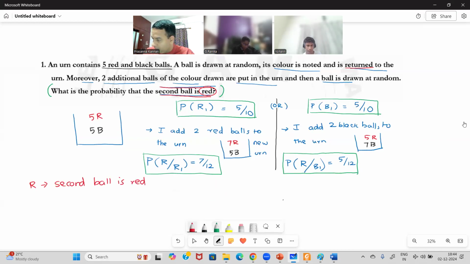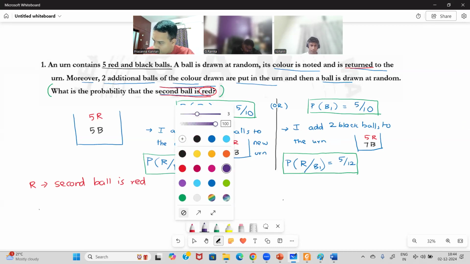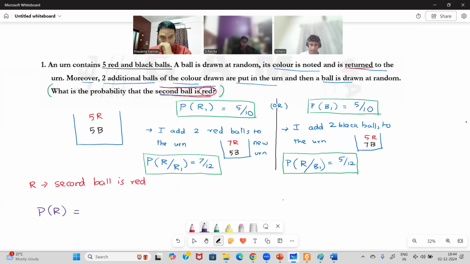Now tell me, Johan, for the second ball to be red, what are the two possibilities? Either the first ball we draw is red or it's black. Very good. The first ball was red and the second ball was red. This is one possibility. Or the first ball was black and the second ball was red.